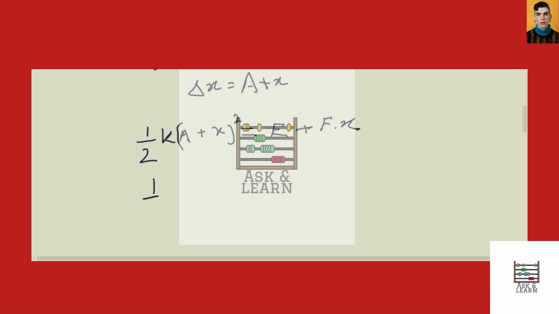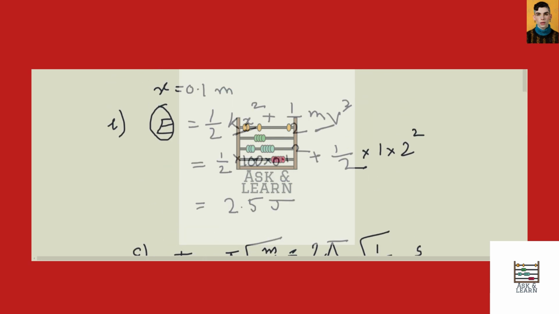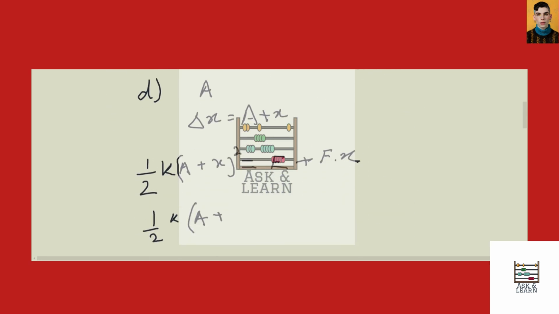Now we can say that half k, a we need to calculate plus x we know. X is the compression, which is 0.1, whole squared. Here E is 2.5. The force is 10 newtons times 0.1, right?